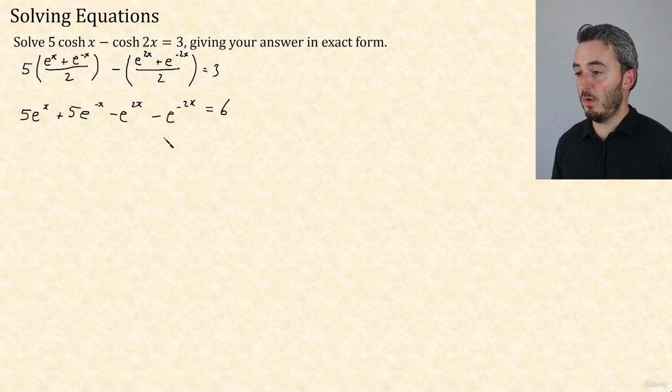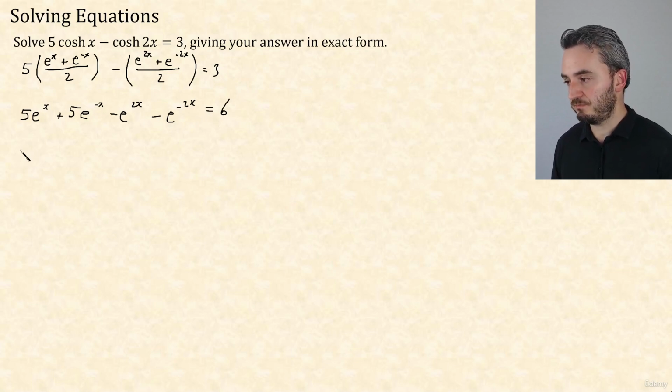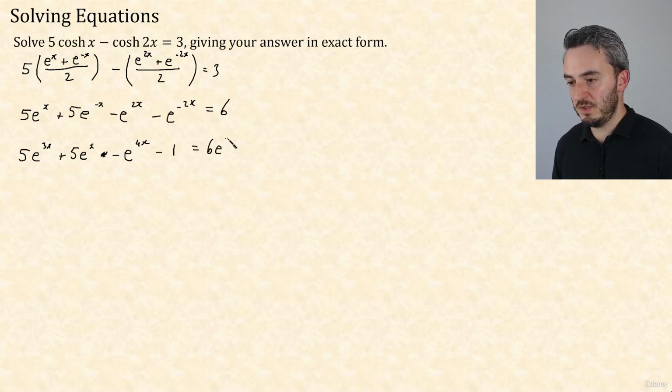Now, if you think about what we've actually got here, well, we haven't actually got a disguised quadratic, we've got a disguised quartic. Here's why. If I multiply through by e to the 2x, I end up with 5e to the 3x plus 5e to the x minus e to the 4x minus 1 equals 6e to the 2x.